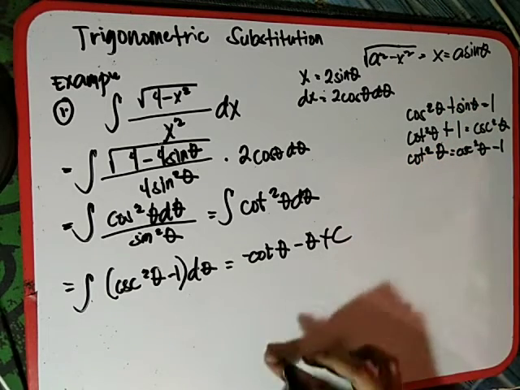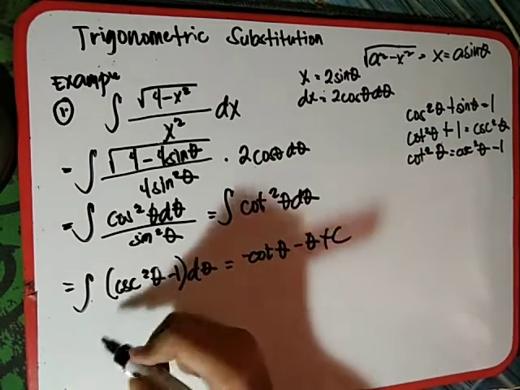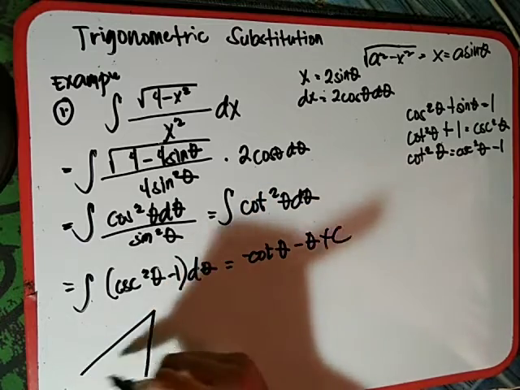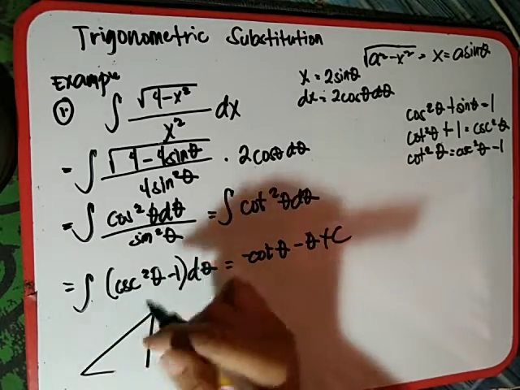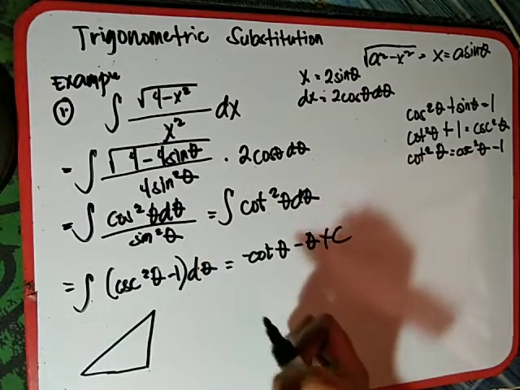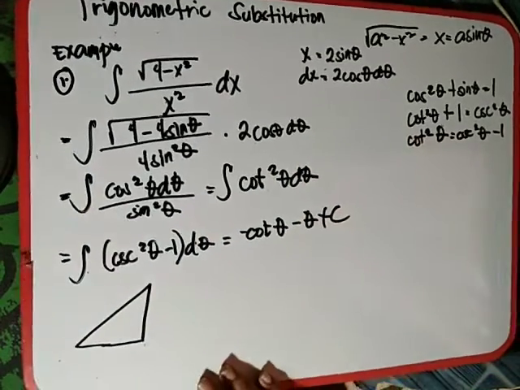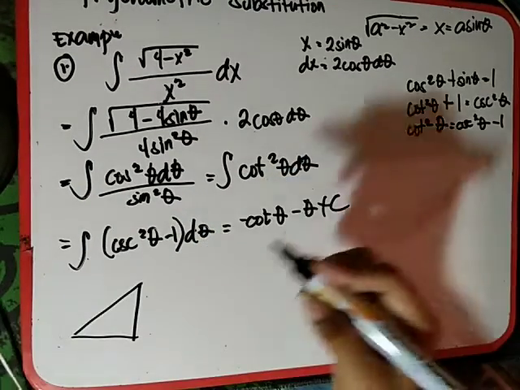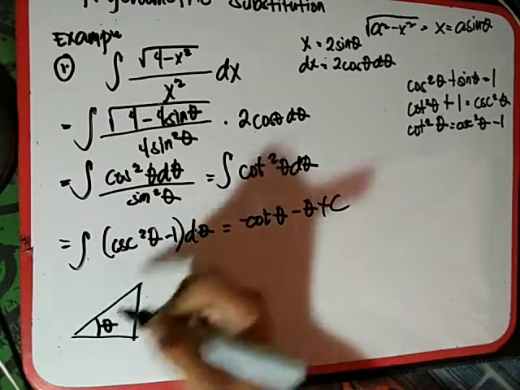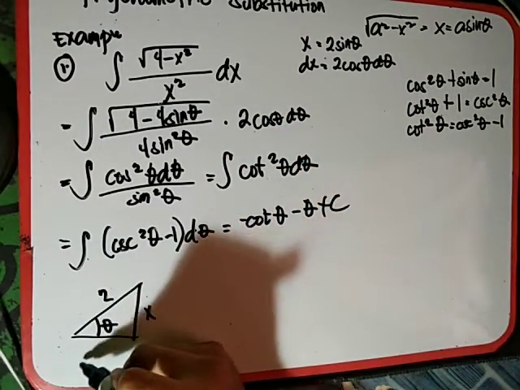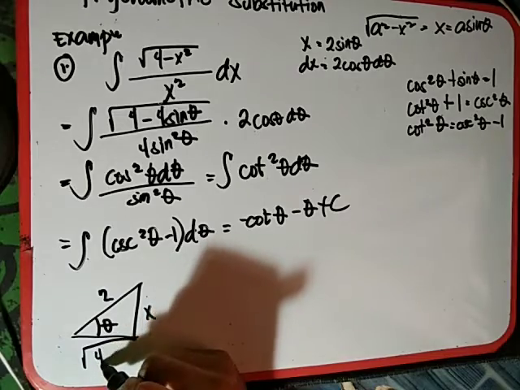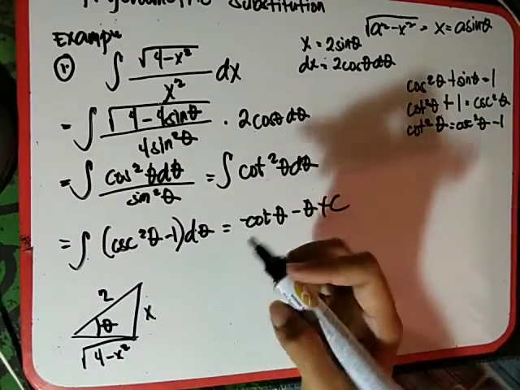We have to draw the representative triangle. This is theta, this is x, this is 2, and that is square root of 4 minus x squared.